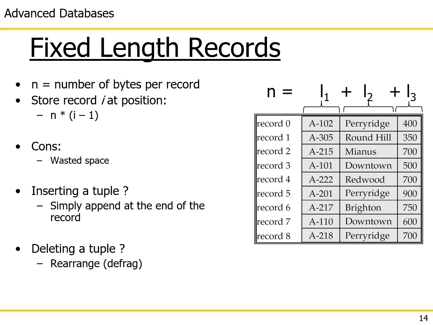So there's a bit of a naming problem here, because of the change in the utilization of those words. But I think the idea is easy to communicate. When I talk about a row here, which historically used to be called a record, I mean the whole thing, the three of them, A-102, Perry-Ridge, and 400.